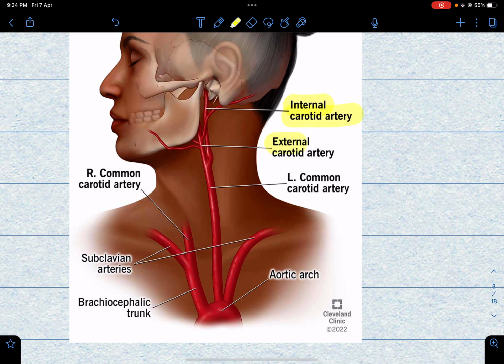So, inferiorly going to be the clavicle, and anteriorly, or medially, going to be the sternocleidomastoid muscle. Okay, this is the sternocleidomastoid muscle.